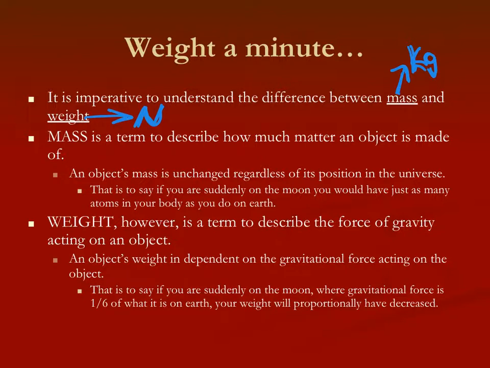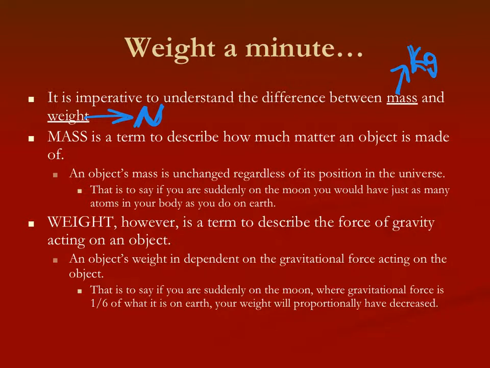But because gravity is a direct result of the mass of the 2 objects involved, when you go to the moon, the moon has significantly less mass than the Earth. Because it has significantly less mass, there's a much smaller force of gravity between you and the moon.